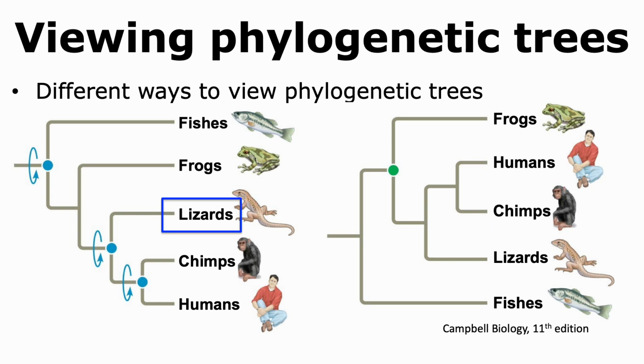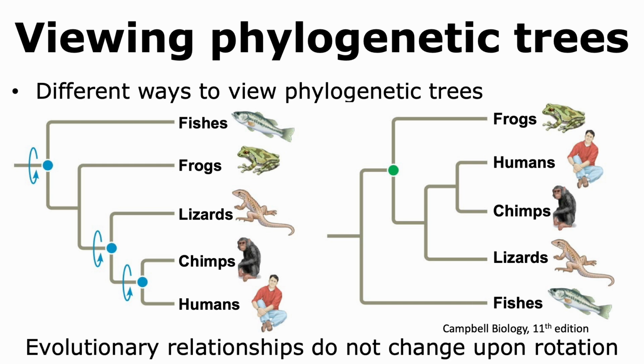When we do the same thing for lizards, we can now see that the lizards are now below the group of humans and chimps in this newly constructed phylogenetic tree. The same thing can be done with the group of fishes, and when they are rotated, they are now seen at the bottom. Despite all these rotations that have been done at various branches, the evolutionary relationships do not change.